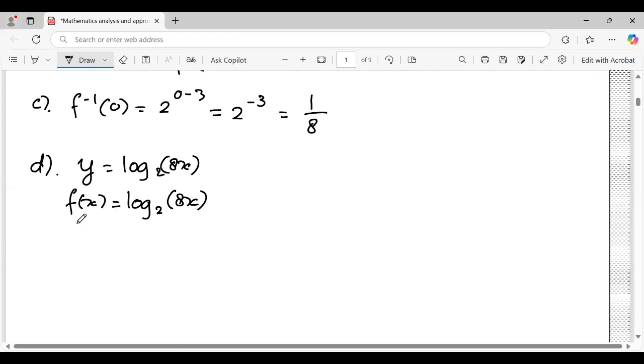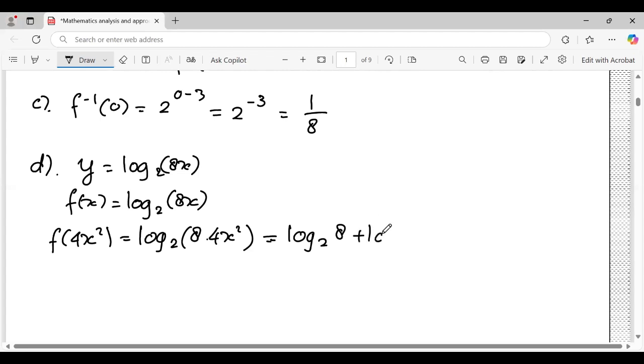If x equals 4x squared, with the domain, f(4x squared) becomes log 2 of 8 times 4x squared. Or we can state it like this: log 2 of 8 plus log 2 of 4 plus log 2 of x squared, because multiplication becomes addition.